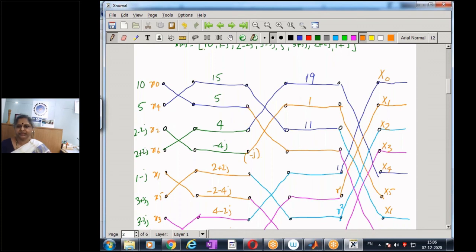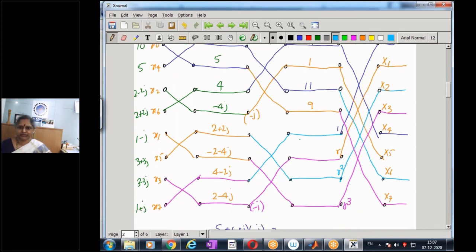And similarly here, this will be 5 minus 4j into minus j, that is going to be 5 plus 4, that's going to be 9.